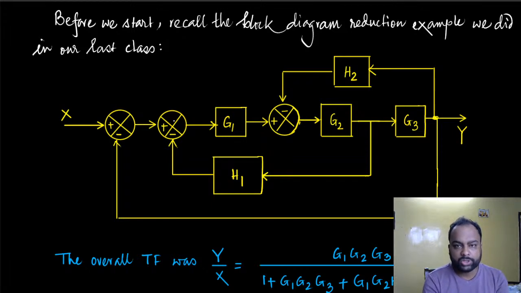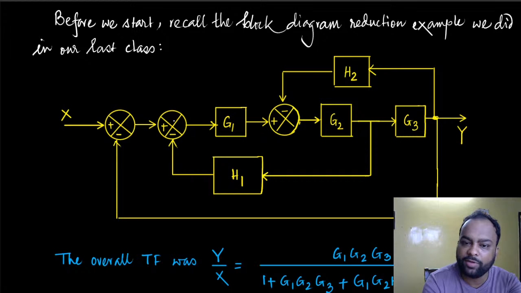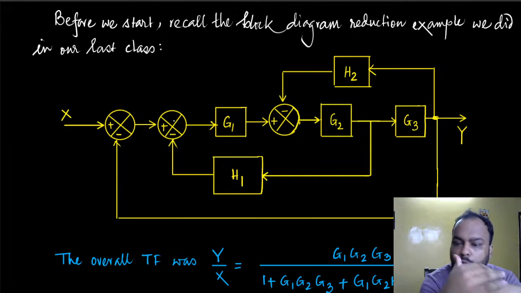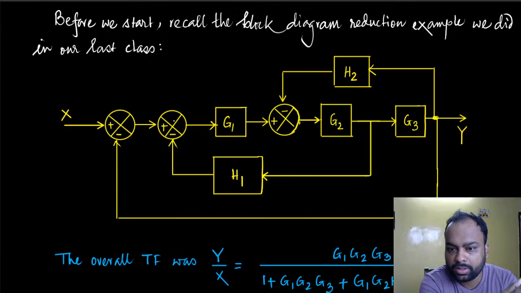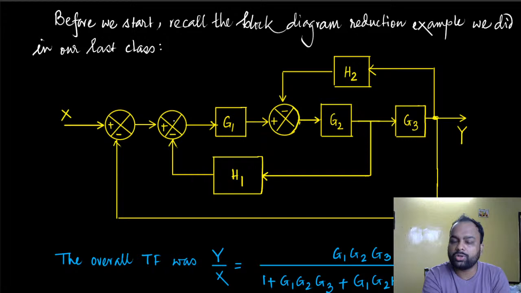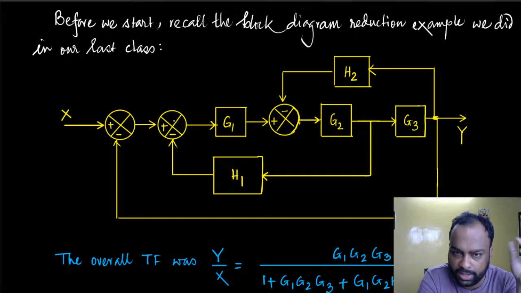It essentially gave you what to do when you have two cascaded blocks, what to do when you have two parallel blocks, and what to do when you have two feedback blocks. And with that, it gave you a few more techniques related to signal integrity, that you could use to figure out if you move this branch from this place to this other place, what to modify in the associated transfer functions. That is something you actually learned.